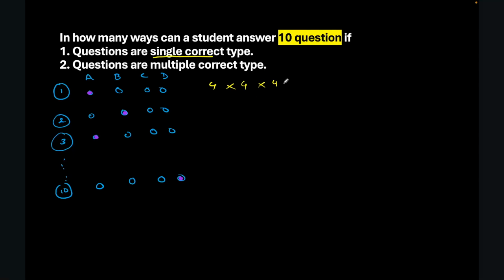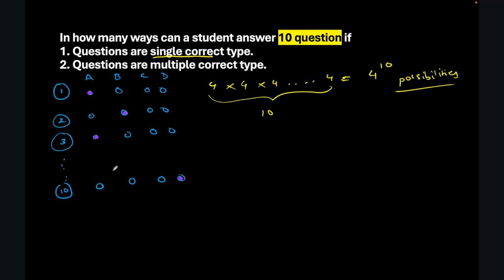And I would keep going till my 10th question. So I do this 10 times. So essentially, my final answer would be 4 raised to the power 10 possibilities of answering this multiple choice test, right?